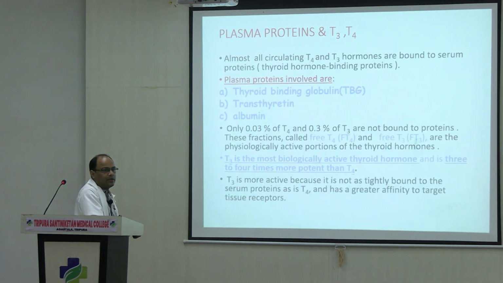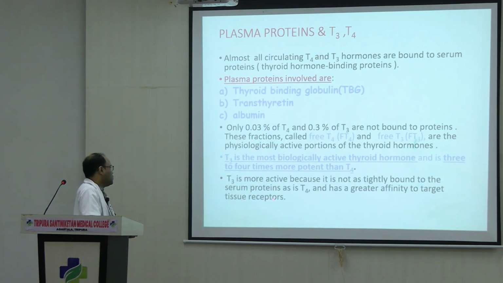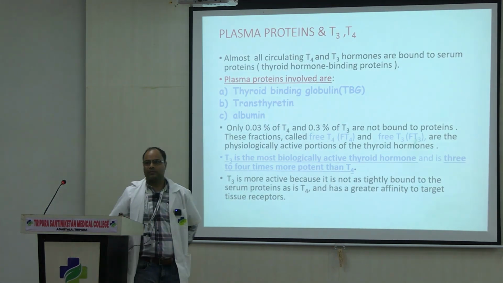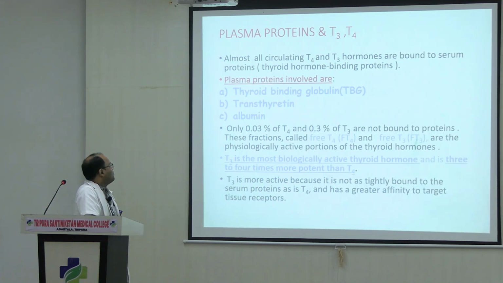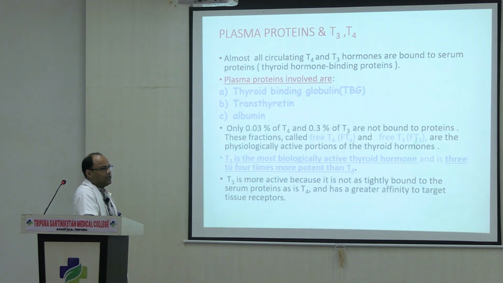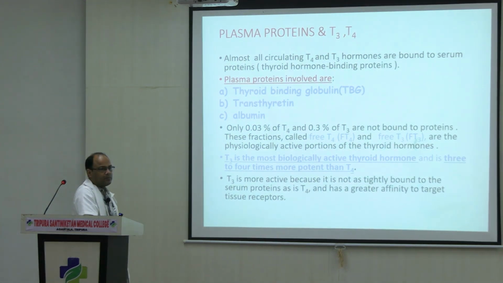Please remember, T3 is the most active form, but in peripheral circulation T4 is abundantly present. T3 is more active because it is not as tightly bound to serum protein as T4 and has a greater affinity to target tissue receptors. Please remember the transport proteins: thyroid binding globulin, transthyretin and albumin.